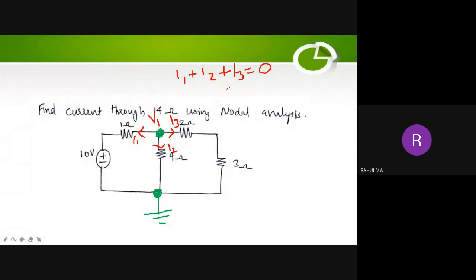Now we have one node pending. So I am marking the voltage at that node as V1, and I am assuming that all currents are going away from the node. So the total current I1, I2, I3 is equal to 0. Why 0? No current is entering the node. Okay, are you clear?